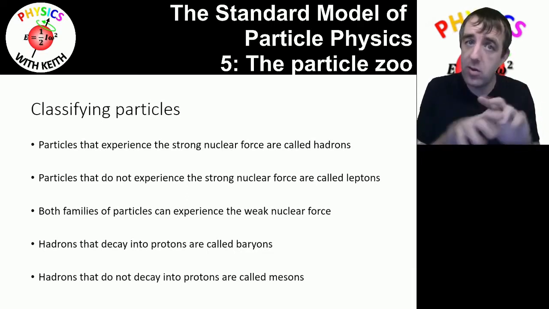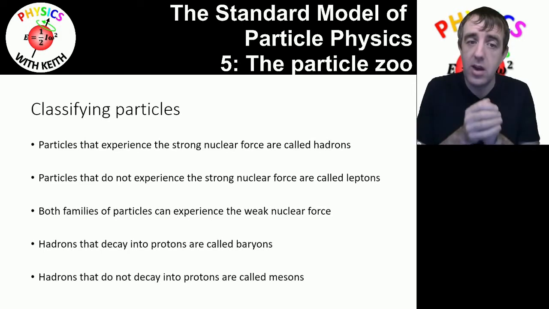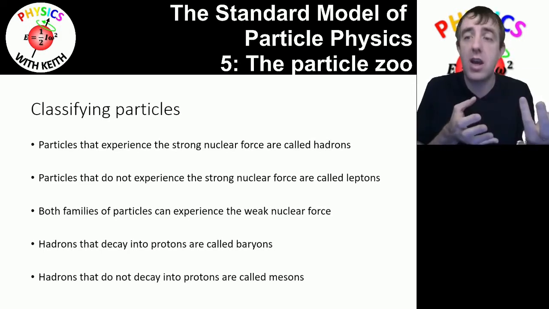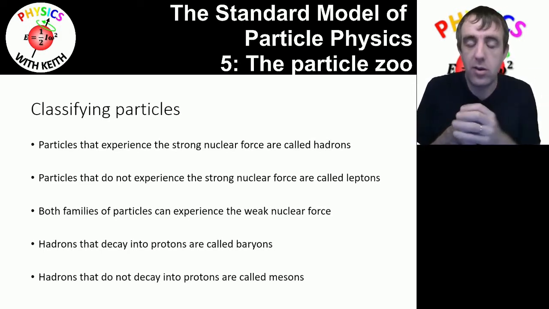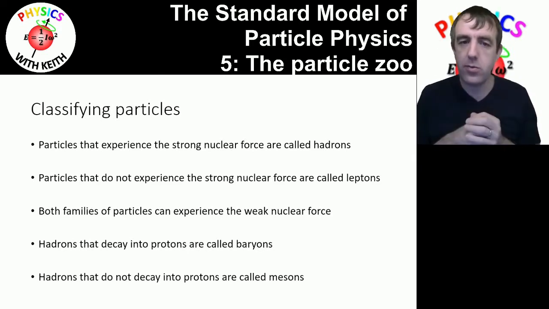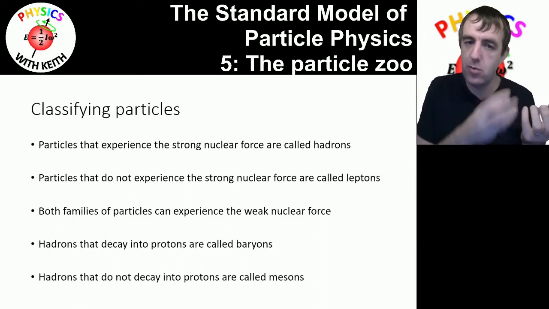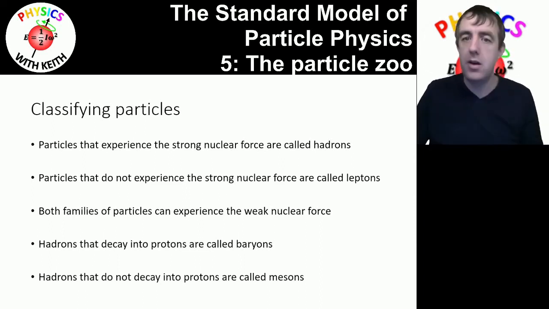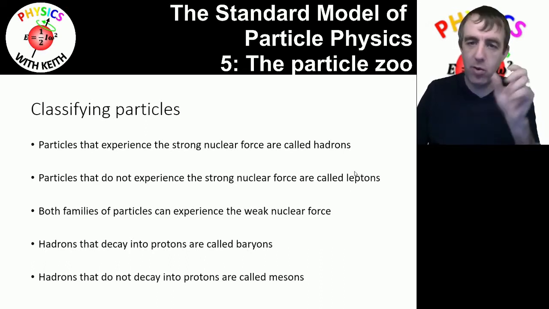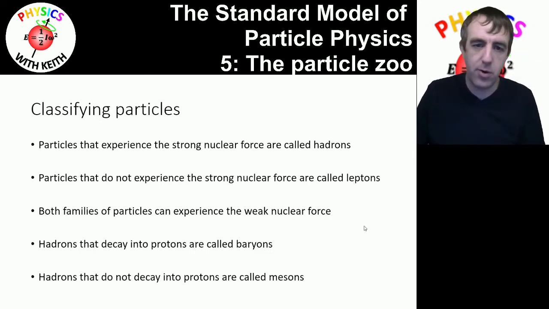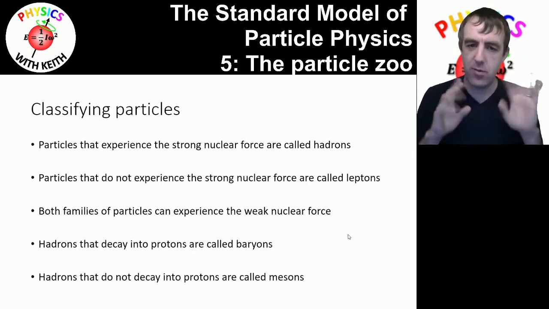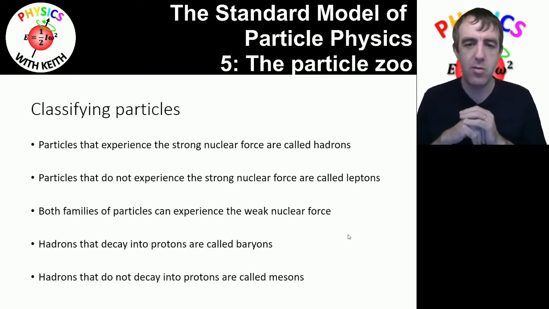But within hadrons, there were two different types of particles. There were some that would eventually decay into protons, or they already were protons, and there were some that wouldn't. So those that would eventually decay into protons got called baryons, and those that wouldn't got called mesons. Breaking down the language here, maybe it will help. Bary means large, meso means medium, and lept means small. That's where the word leprechaun comes from. You may have heard mezzo, forte, and things like that, maybe if you're a musician.